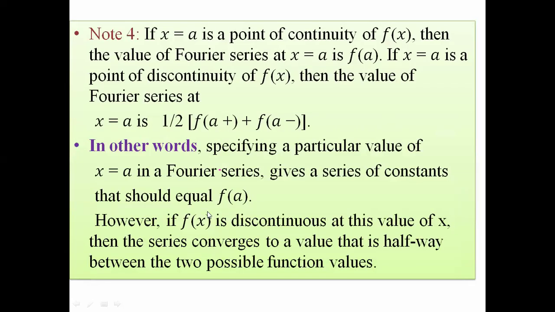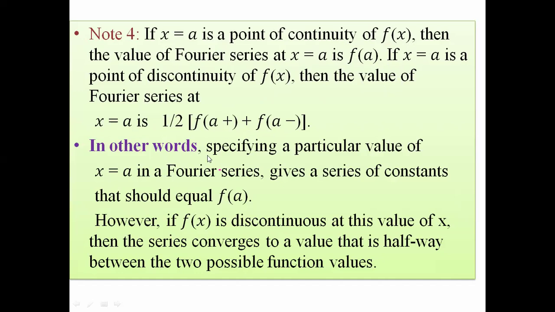Note 4: if x equal to a is a point of continuity of f of x, then the value of the Fourier series at x equal to a is f of a. When x equal to a is a point of discontinuity, the value of the Fourier series at x equal to a is 1 by 2 times f of a plus plus f of a minus, the right limit and left limit.